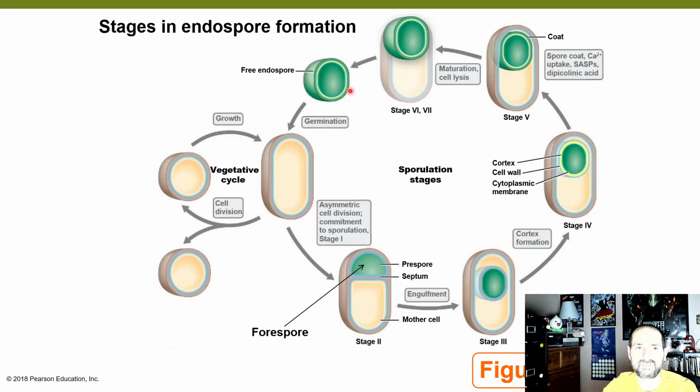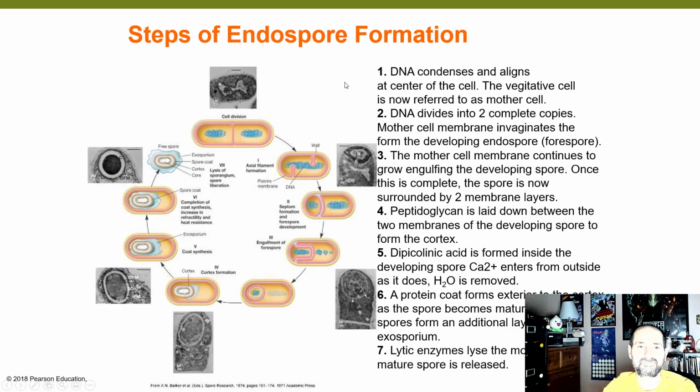So there you go. Now you've released the endospore, and the endospore can last and persist through years until the conditions improve, and then the endospore will germinate. Remember, germinate. So this is just a more detailed version of that explanation that you could read through on your own. But again, it's the step-by-step process of sporulation.